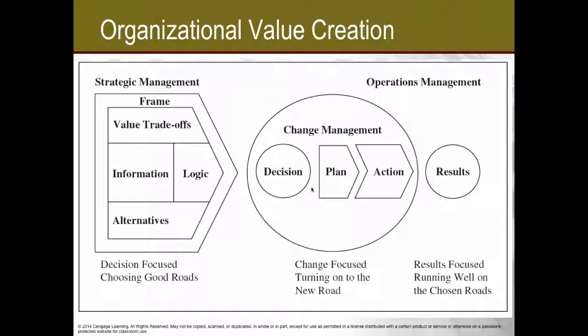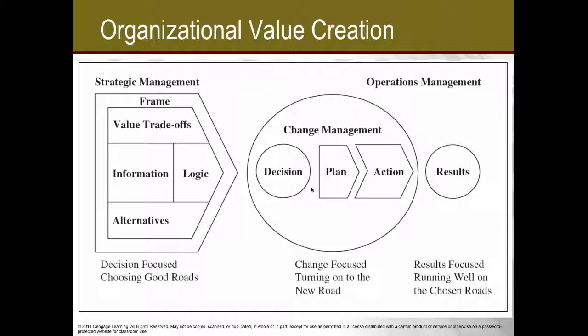In strategic management, we have a framework, right? And then we have a value trade-off. So talking about big values, what kind of value the company is looking for, and some sort of information, and also different types of alternatives, which, with some simple logic, are the outcome of strategic management.